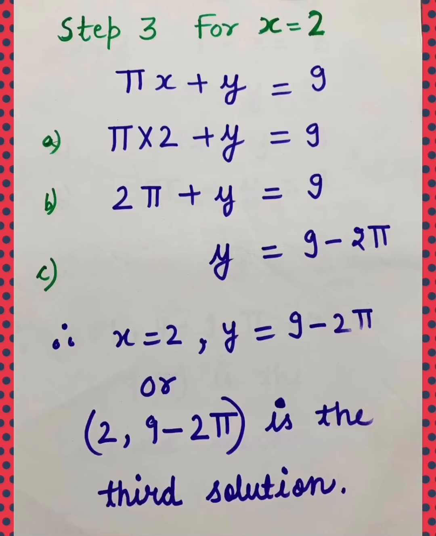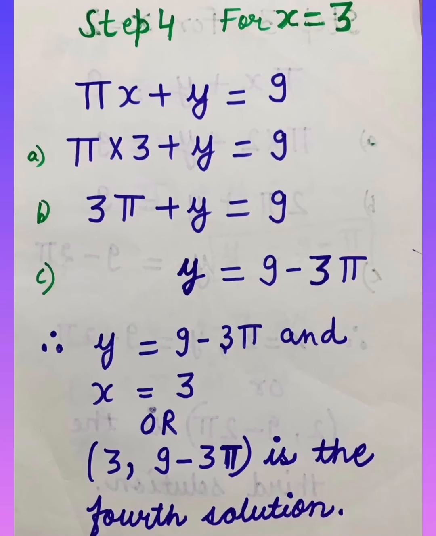Now in step 4, children, I will take x equal to 3. I will put this value in the given equation, pi x plus y is equal to 9. In step A, children, pi into x means pi into 3 plus y is equal to 9. In step B, pi into 3 will become 3 pi plus y is equal to 9. In step C, 3 pi will be shifted to the right hand side and will be converted into minus 3 pi.